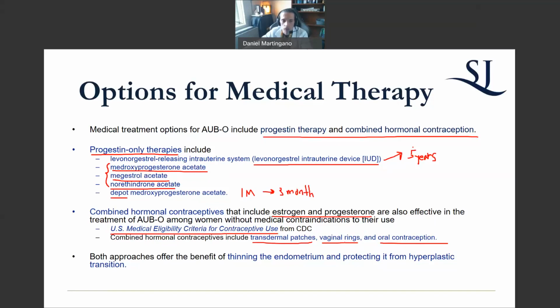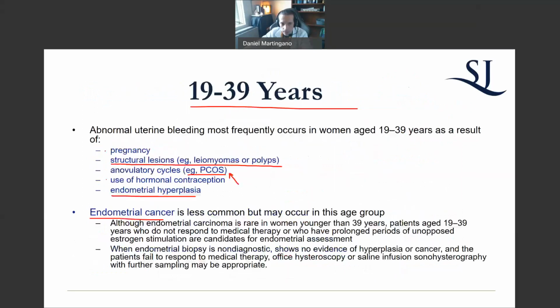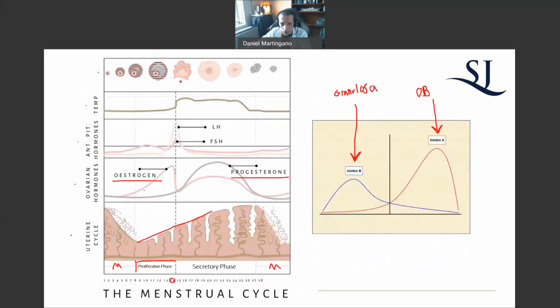It's the same thing. The overall benefit is what I mentioned before. It thins the endometrium and protects it from hyperplastic transition. And if you already have an ongoing imbalance with unopposed estrogen, the addition of progesterone will help that balance. And the combined medicine will maintain this balance.